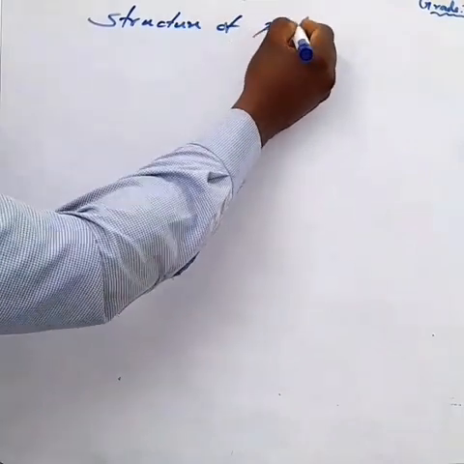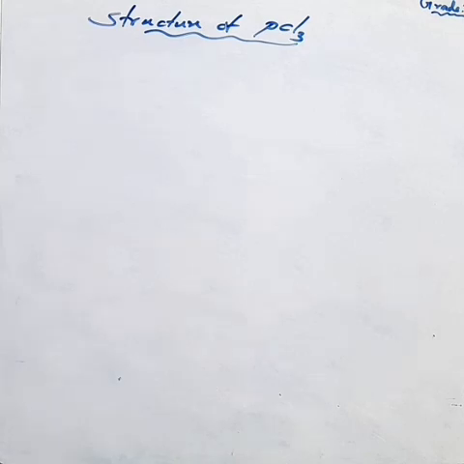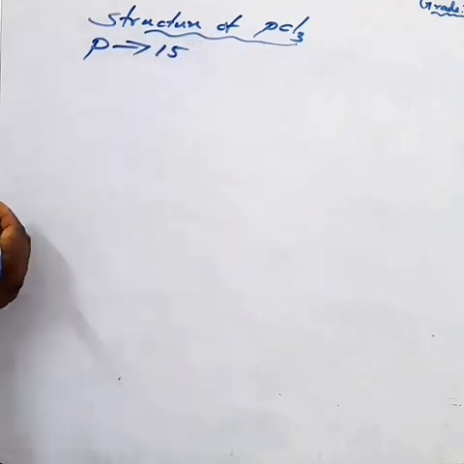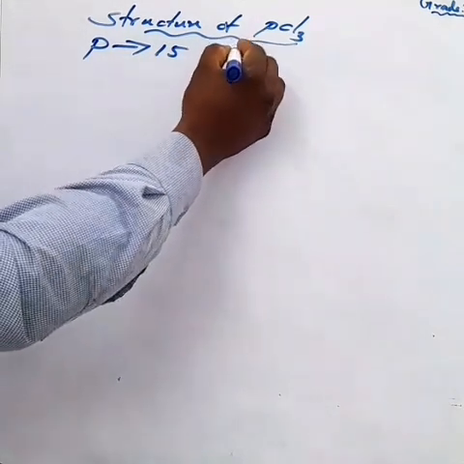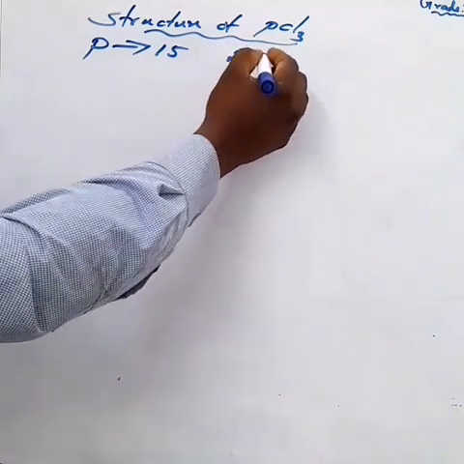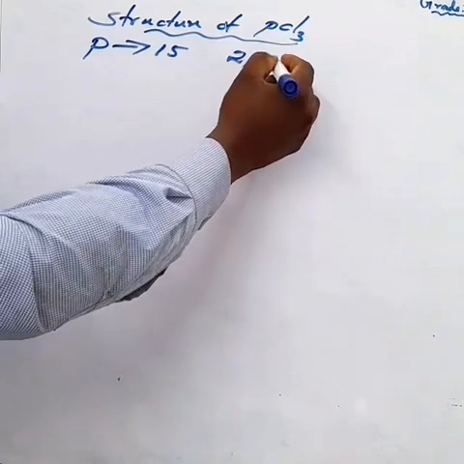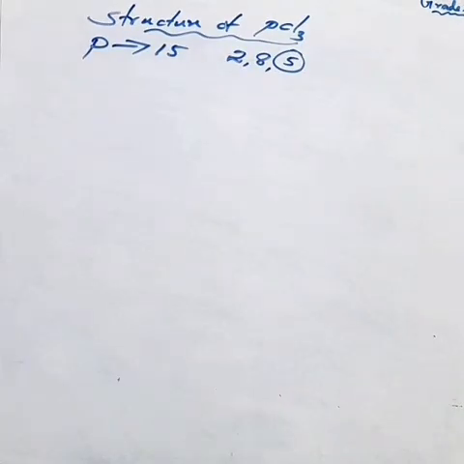Okay. Next, the structure of phosphorus trichloride. All of you know that one. The atomic number of phosphorus is 15. The first shell accommodates 2 electrons, the second shell accommodates 8 electrons, and the third shell accommodates the remaining 5 electrons.